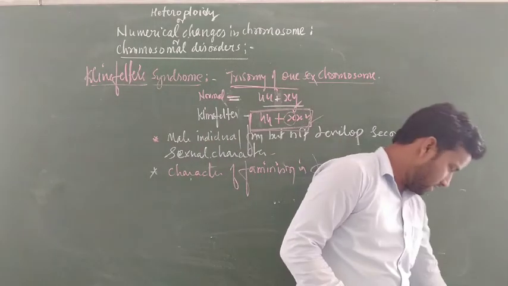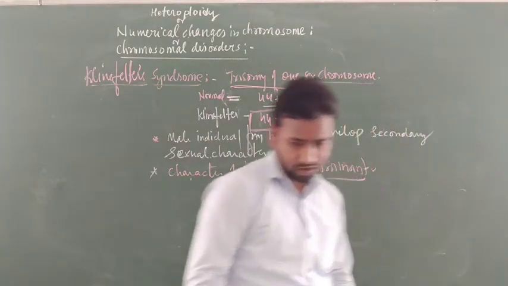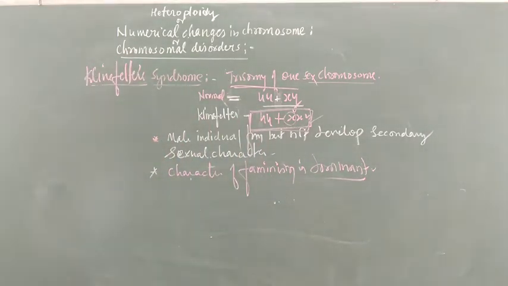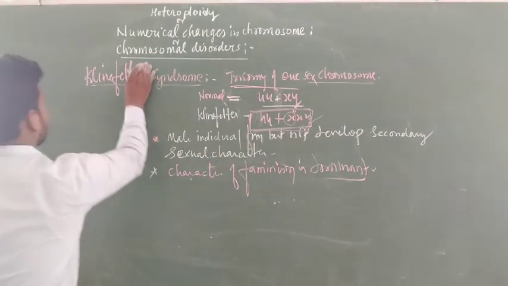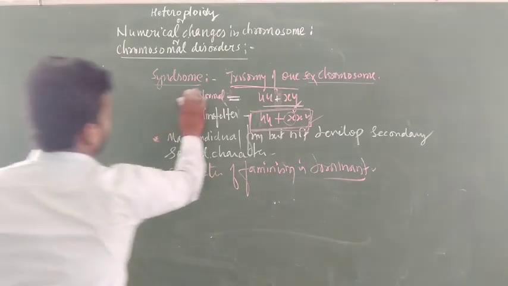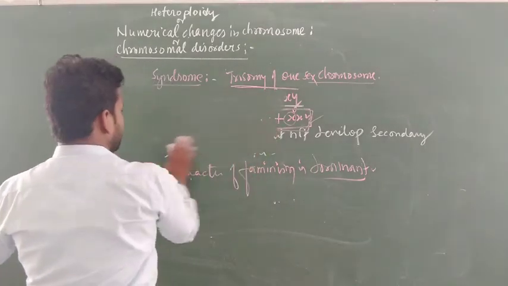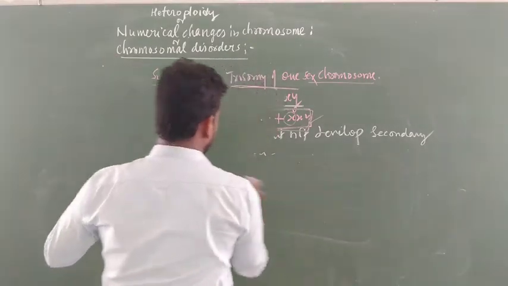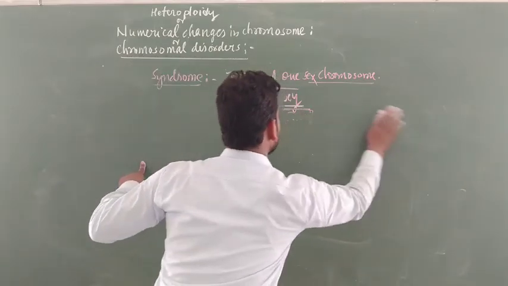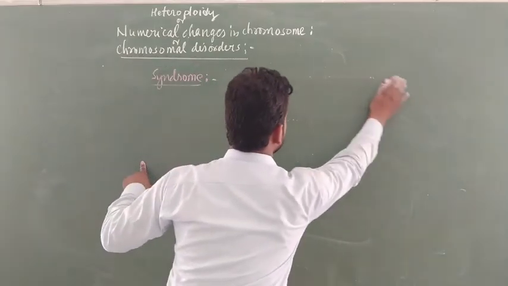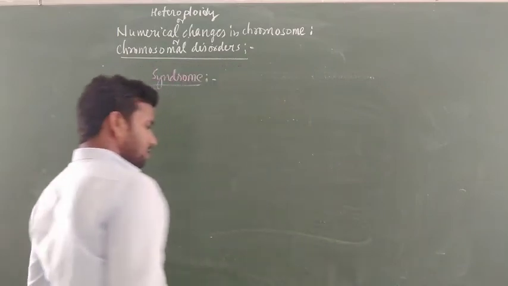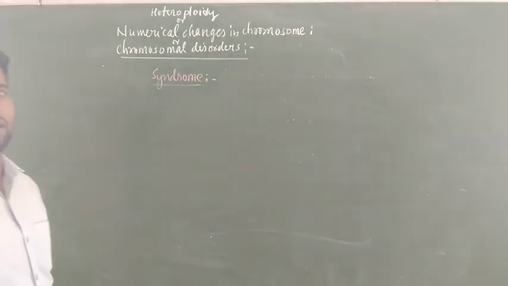Now another type of syndrome is Turner syndrome. Turner syndrome is the monosomy case. In this case, the 1 X chromosome of the female gets deleted due to some chromosomal abnormality.